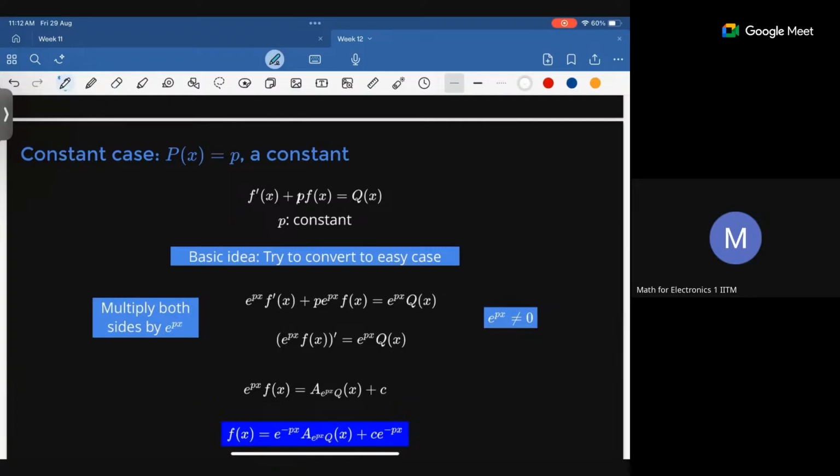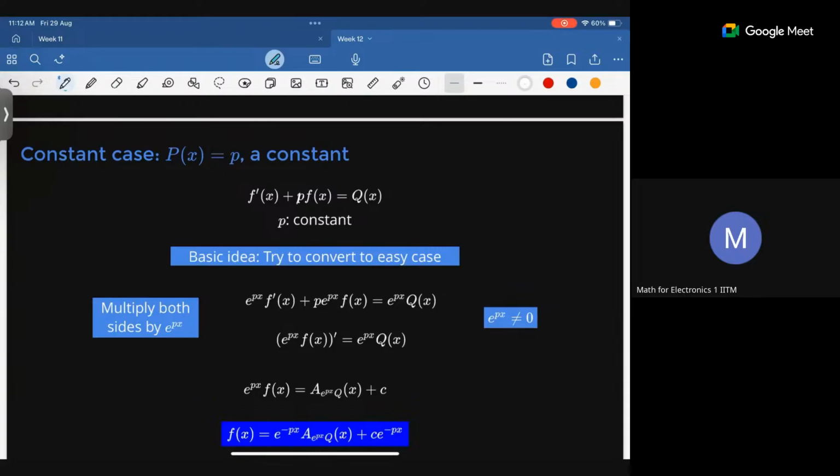And you just integrate on both sides. If you integrate on both sides, you will see that derivative and integration are inverses of each other. Both will get cancelled out, and you'll have e power px into f of x. And on the right hand side, since I'm taking integral, it will just become the antiderivative of the right hand side expression plus c, right?